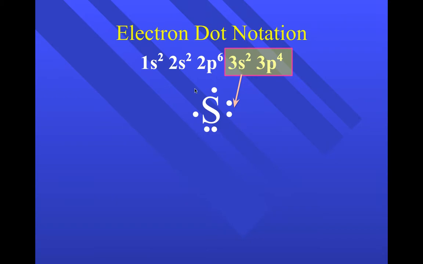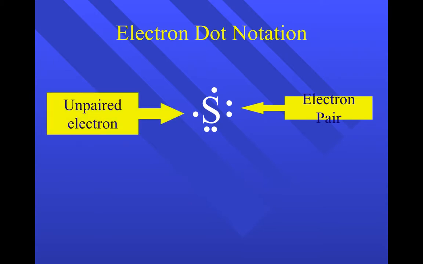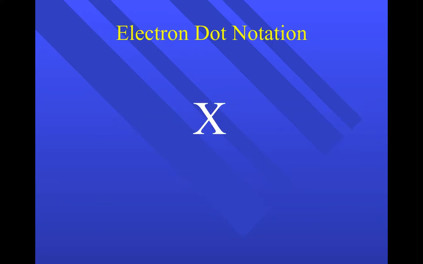It does not matter if you double them up here or here or here, right? It doesn't matter. So that's called an electron pair. And then these electrons here and these electrons here are called unpaired electrons. And that's going to help us make sense when we start to talk about bonding.